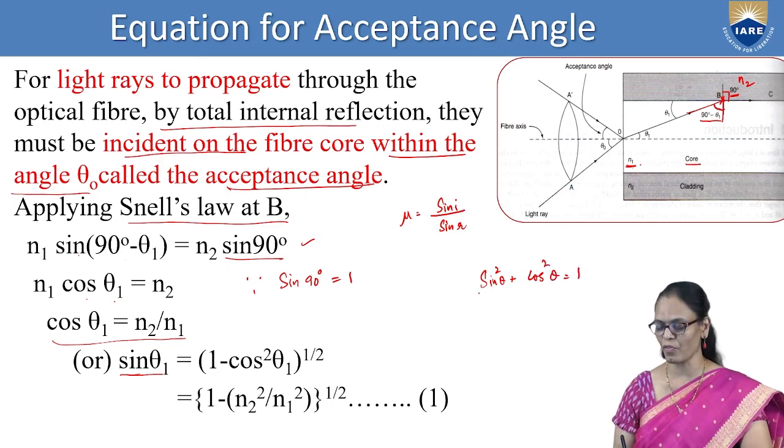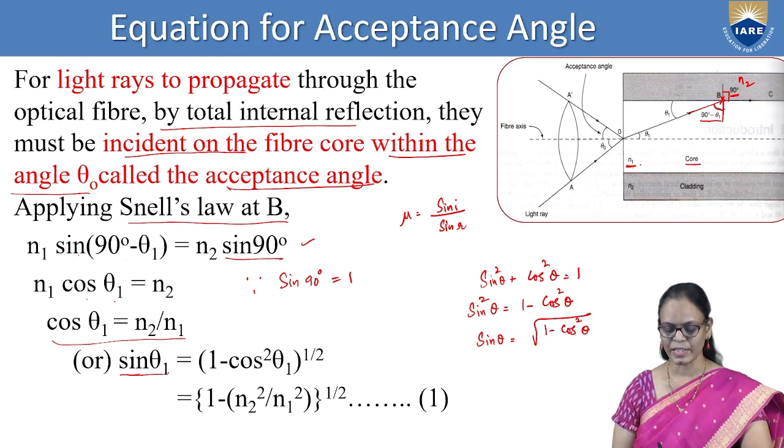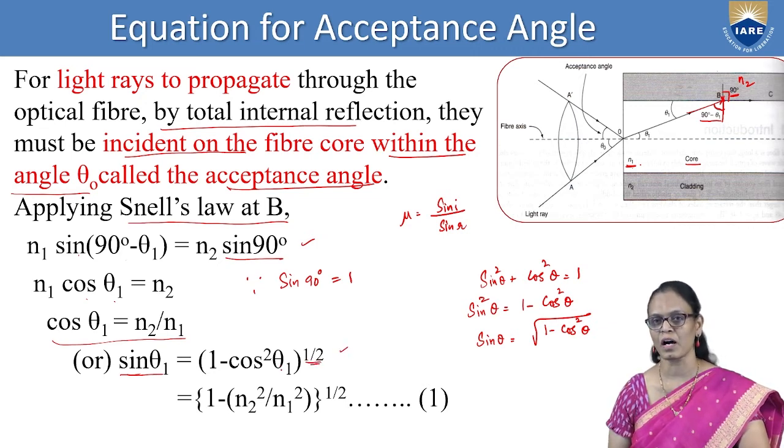So sine square theta will be 1 minus cos square theta. So sine theta will be equal to under root 1 minus cos square theta, or (1 minus cos square theta) power half. Instead of writing root, we are writing it as power half.